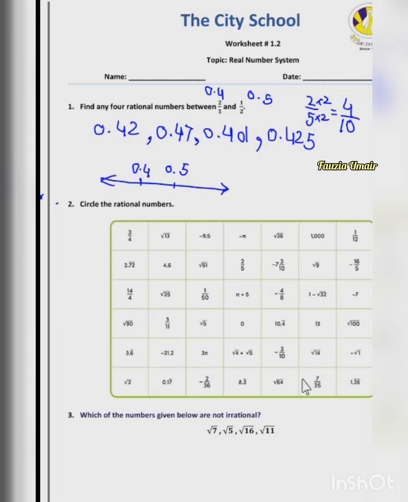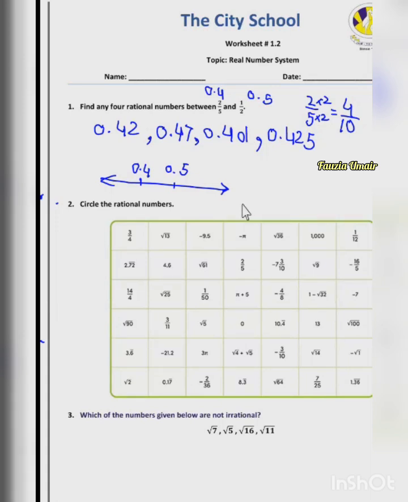What kind of numbers are rational and what kind of numbers are not rational? If we talk about decimals, what kind of decimals are irrational? Anyone? Terminating and non-terminating. Very right.